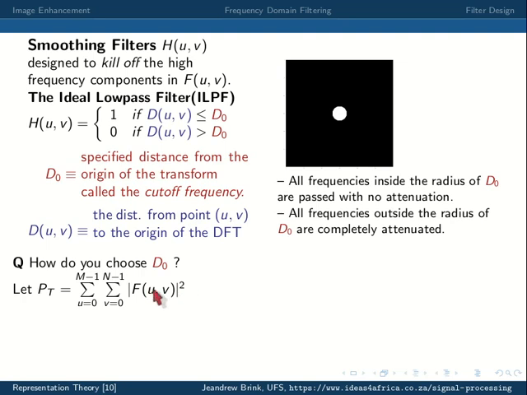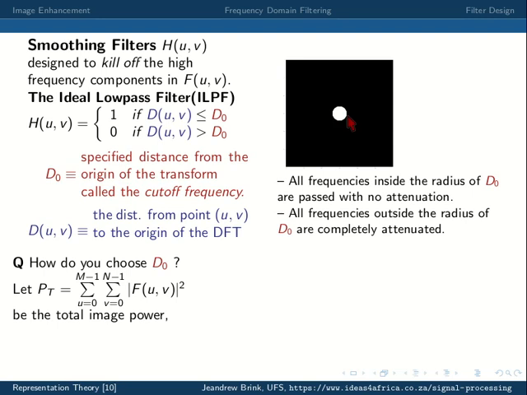And it actually turns out that the power of the image in Fourier space and the power of the image in real space is the same. So you basically take your image values, square them at every single point, add them together, and you get the total power of your image. And then you can ask a question: what fraction of this power do I actually keep if I multiply it with a filter?